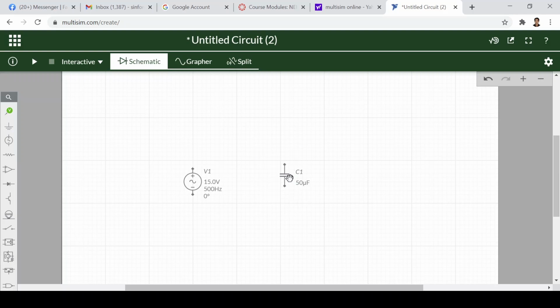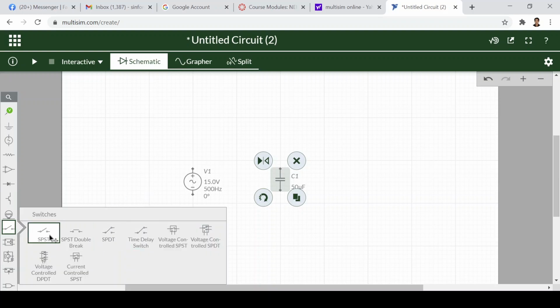Use the switch. I'll include the switch.